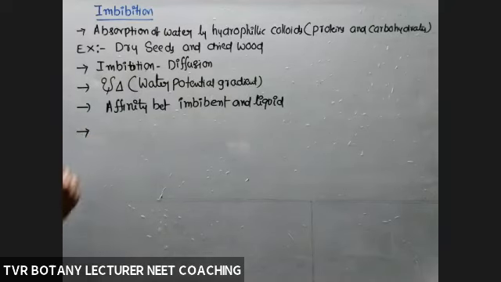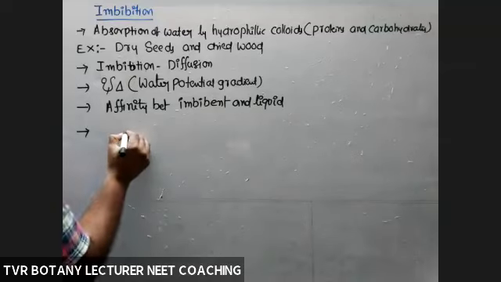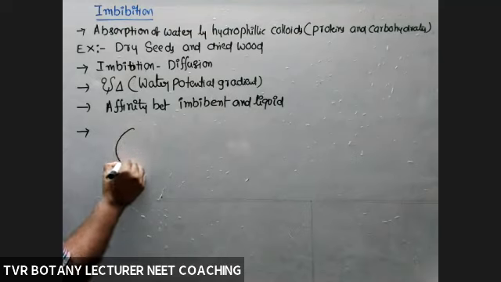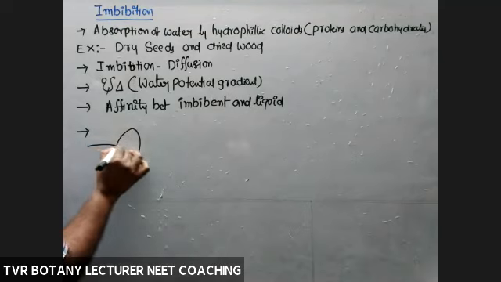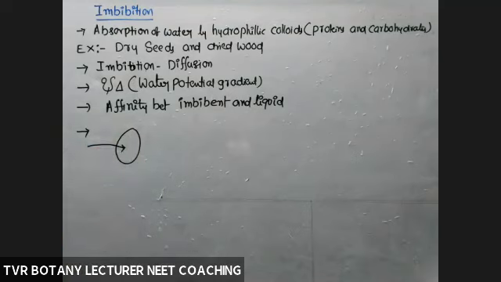So what about the magnitude of the potentiality of imbibition? For example, take a seed. Water is absorbed by the seed at the time of germination. So for the germination of a seed, imbibition is compulsory.